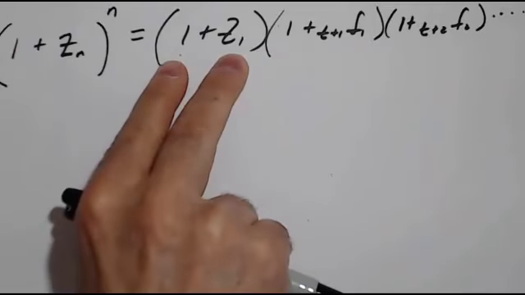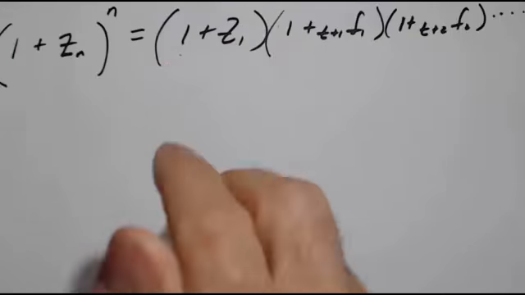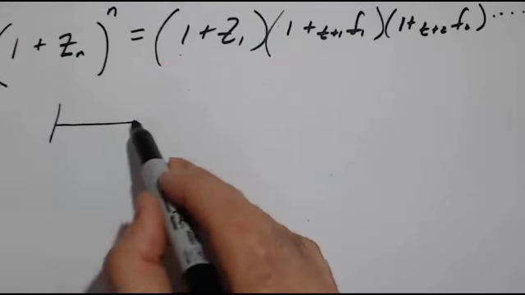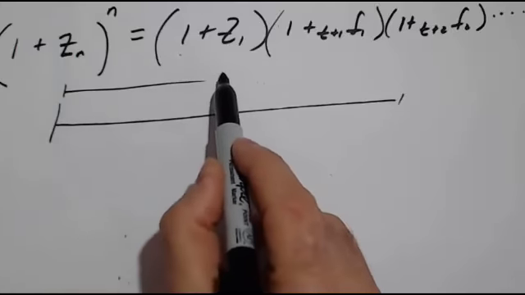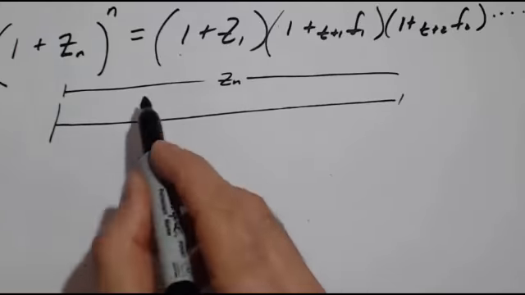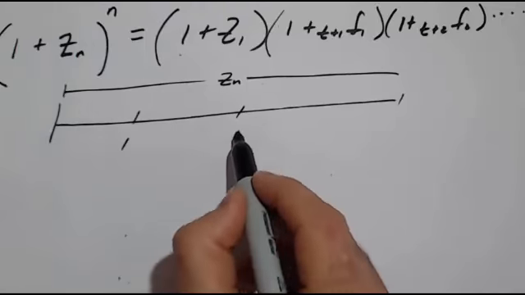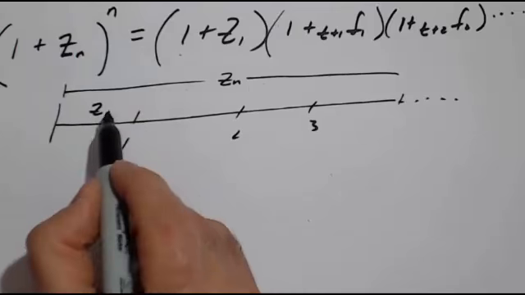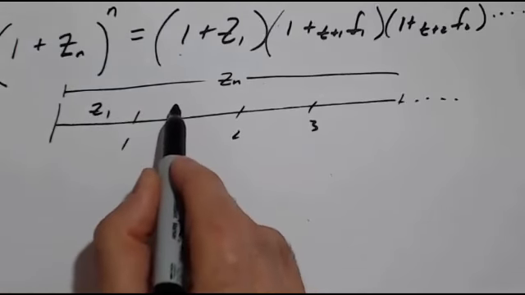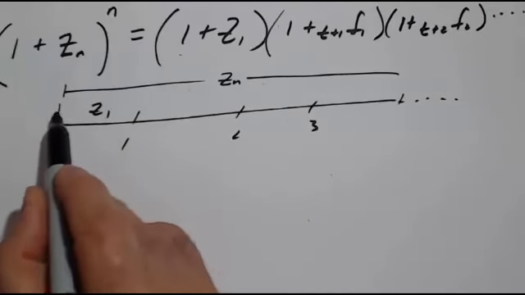This is a short-term 1-year rate, and this is a 1-year rate. So we have this entire period covered by Zn, and Z1 covers this period, and because that's a spot rate, you can see it.